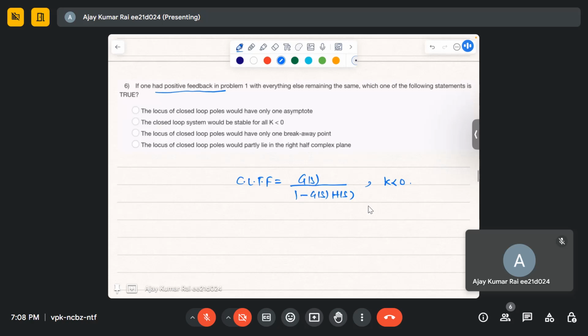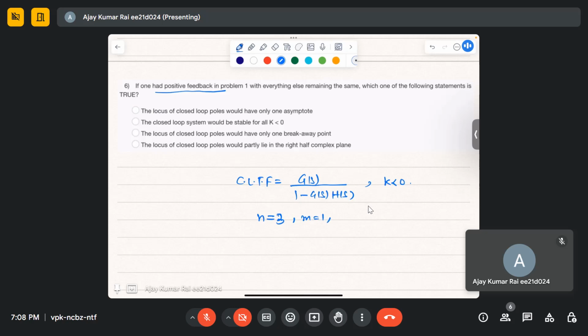The locus of closed loop poles would have only one asymptote. Asymptotes do not depend on positive or negative feedback, so the number of asymptotes will be the same. They will be n minus m, because in this case also n is 3 and m is equal to 1.